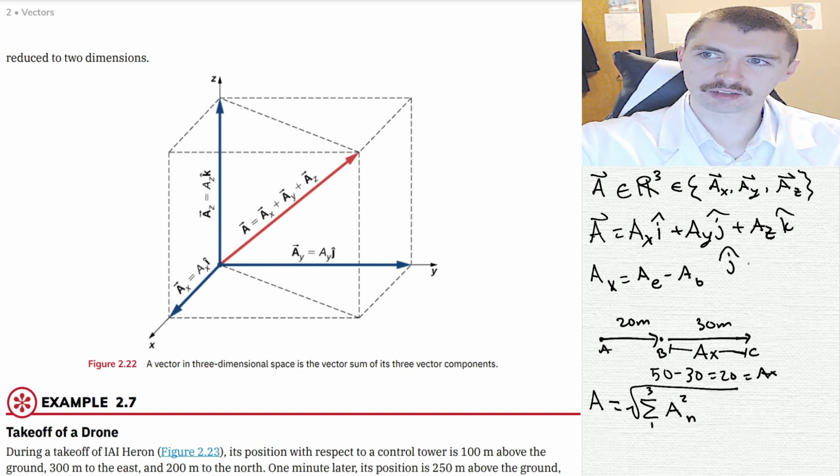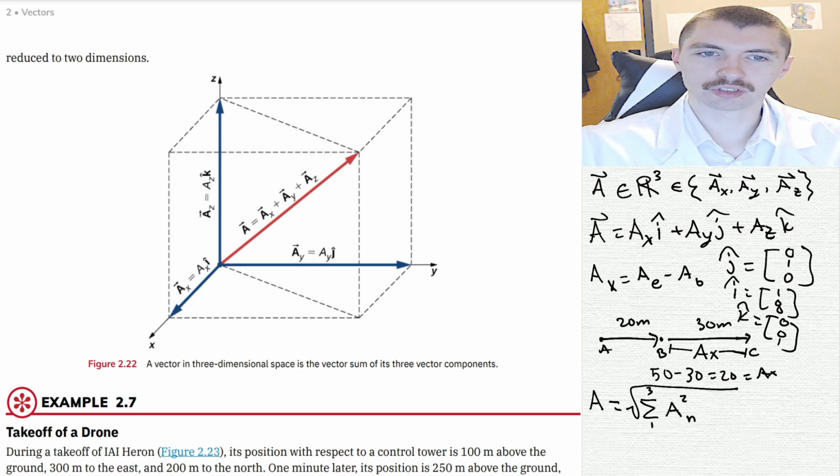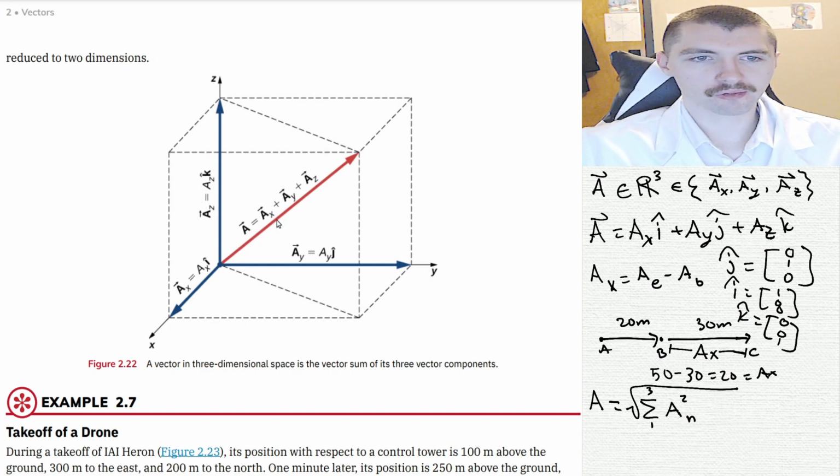So j hat is 0, 1, 0, in x, y, z. I hat is 1, 0, 0, and then k hat is 0, 0, 1. So these just signify what direction it's in. And then this red vector is the resultant.